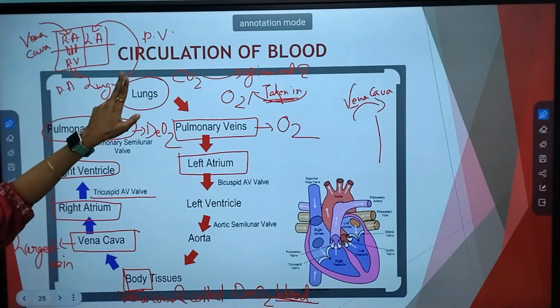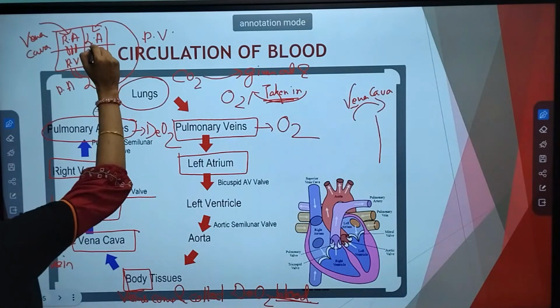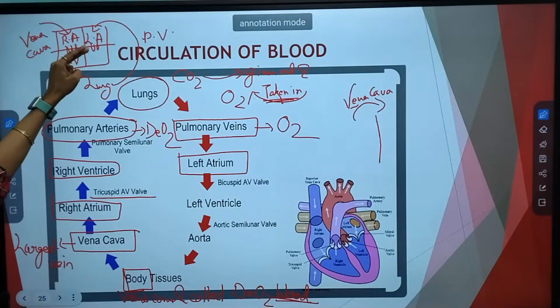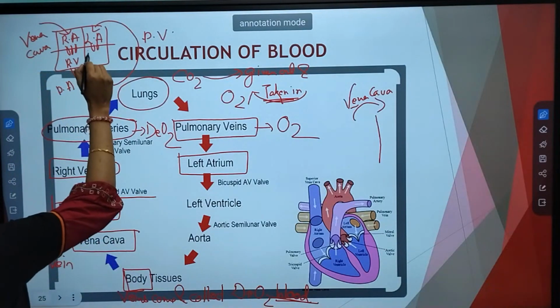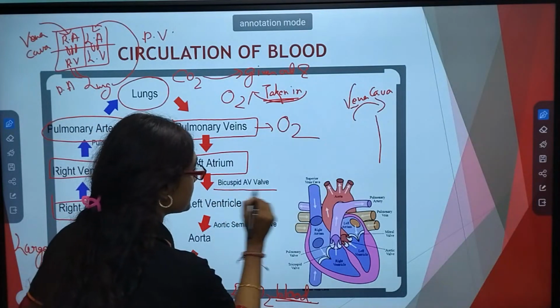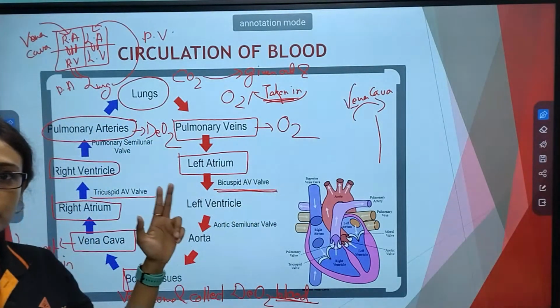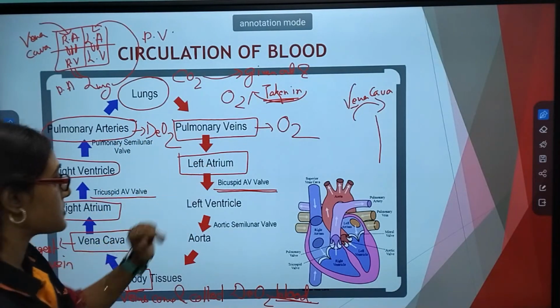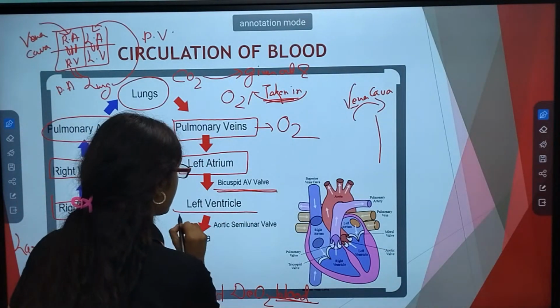After that, there will be two roads, the bicuspid valve, through which the blood goes from the left atrium to the left ventricle.